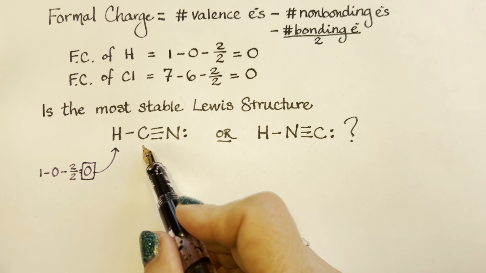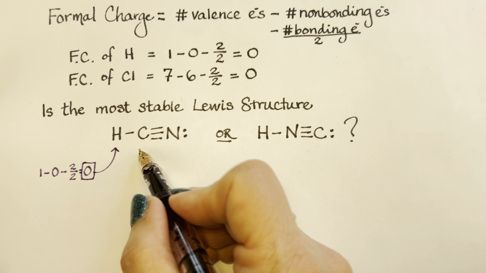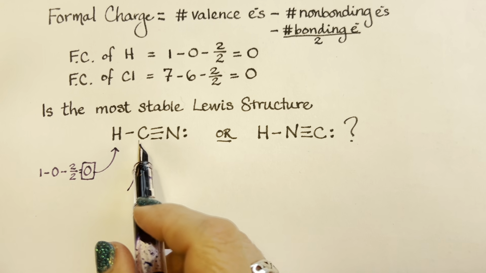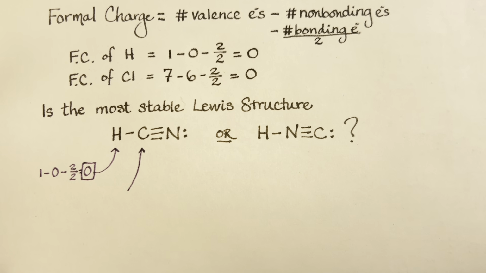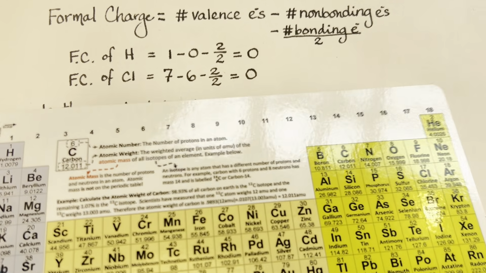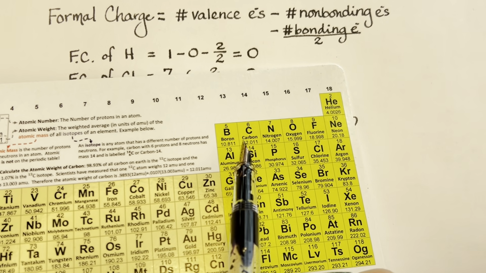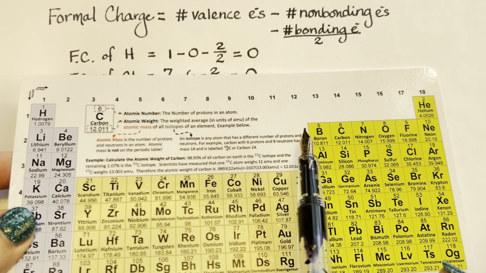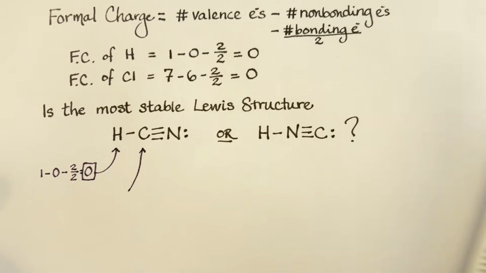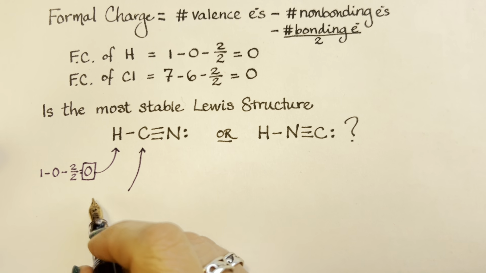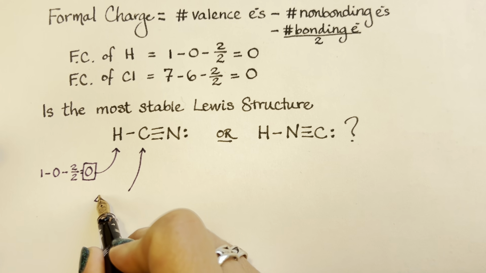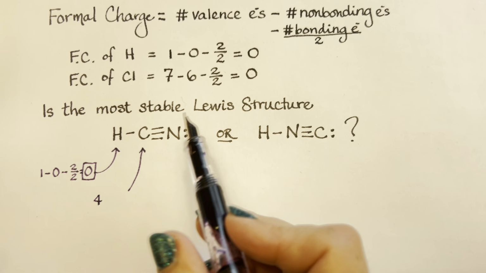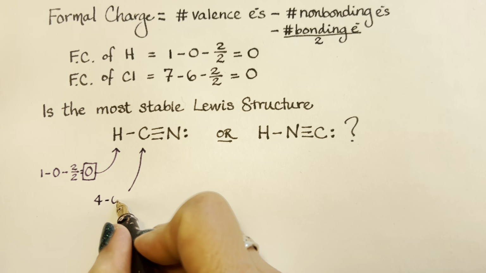Okay, what about our carbon here? Its valence electrons, let's have a little reminder here. The number of valence electrons for carbon is 1, 2, 3, 4. So we've got 4. This carbon does not have any lone pairs, so that will be minus 0.